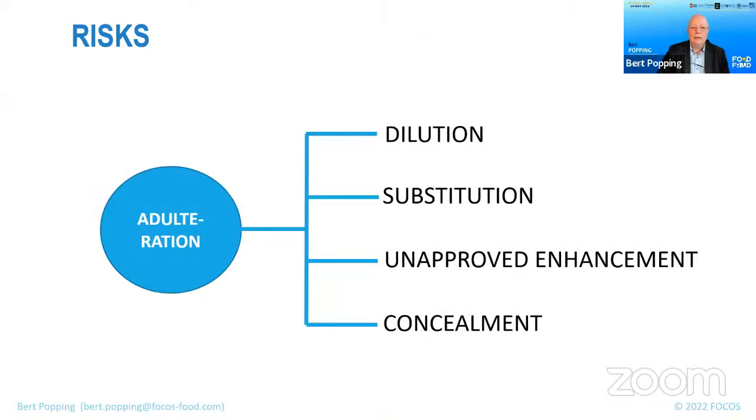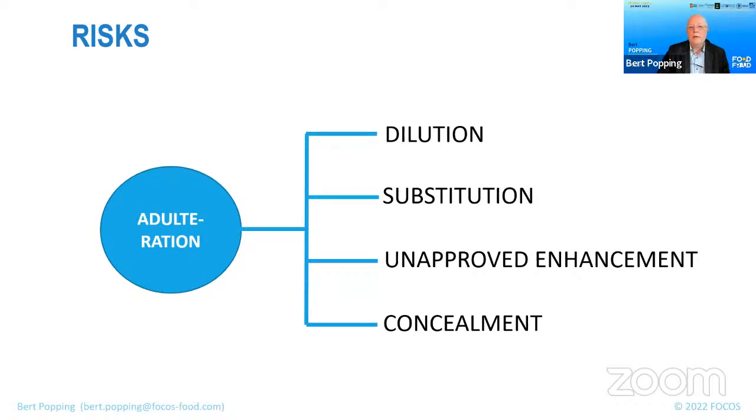And here we have different categories. We have dilution. So for example, if you place water in milk. Substitution, that was the example already provided, where the expensive pine nuts are replaced by cheap peanuts. The unapproved enhancement, Sami mentioned the azo dyes. So here, for example, for paprika, if you add azo dyes to make the paprika look more reddish, so it sells at a higher price, that would be an unapproved enhancement.